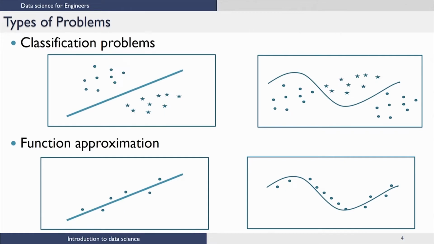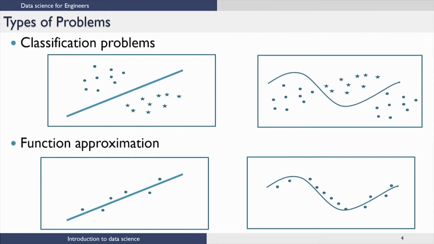So, let us look at what classification problems relate to. These are types of problems where you have data which are in general labeled, and I will explain what labeled means. And whenever you get a new data, you want to assign a label to that data.